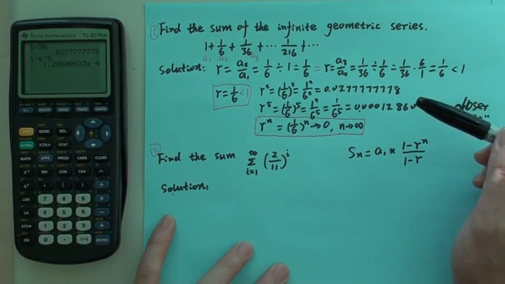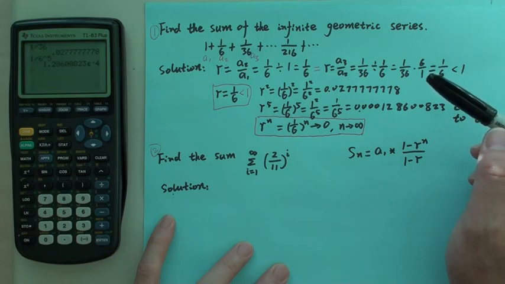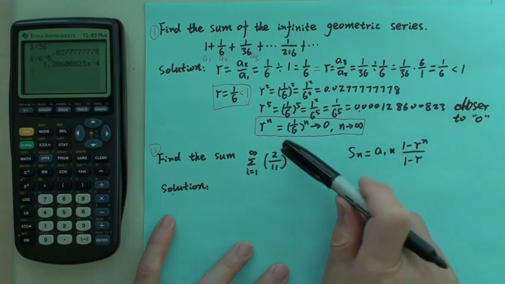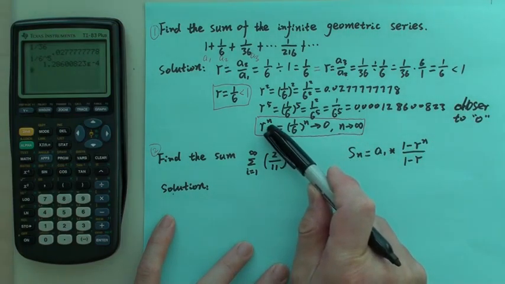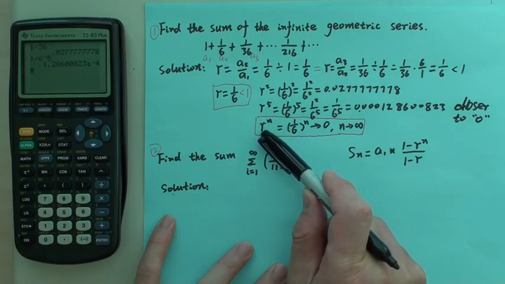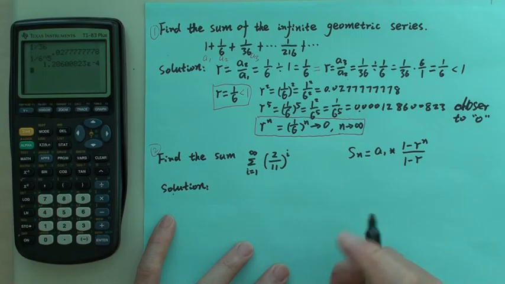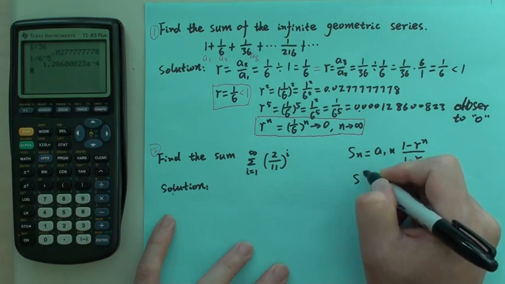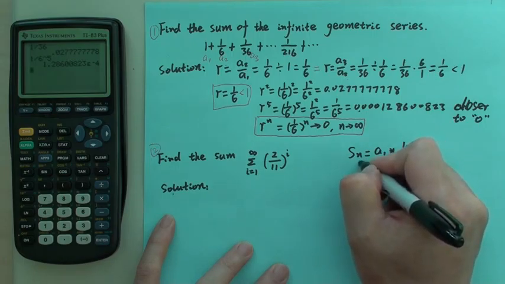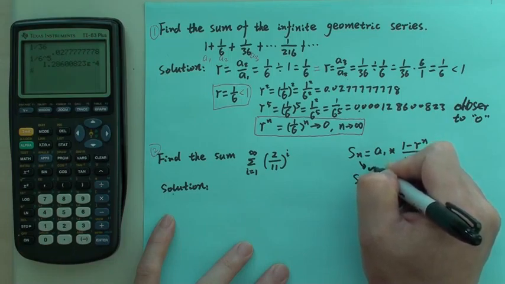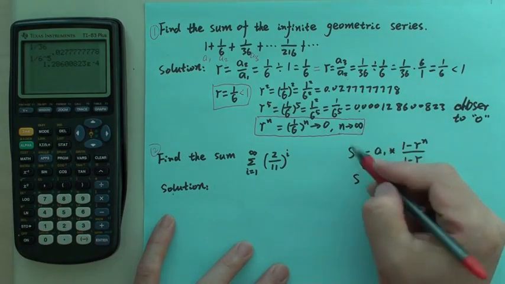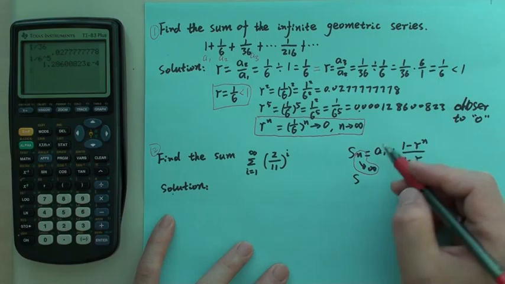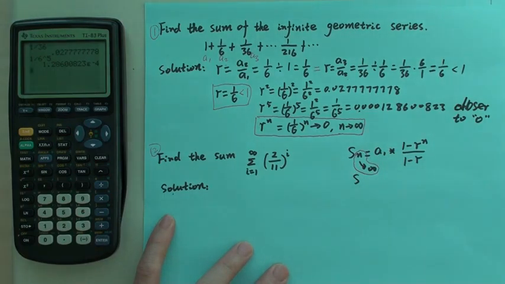So when n gets bigger, r to the n goes to 0. Basically, what you have is s, when this n goes to infinity. Then you don't write infinity here, you just write s.